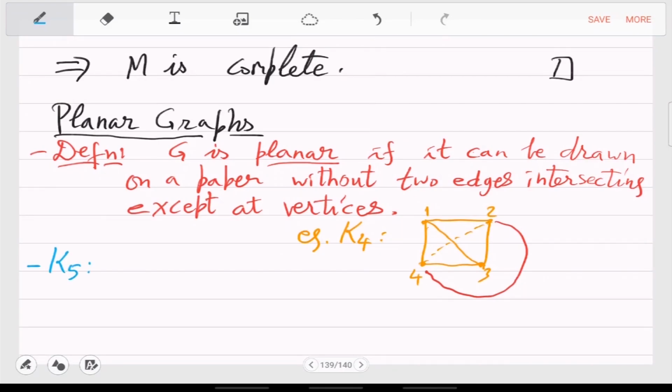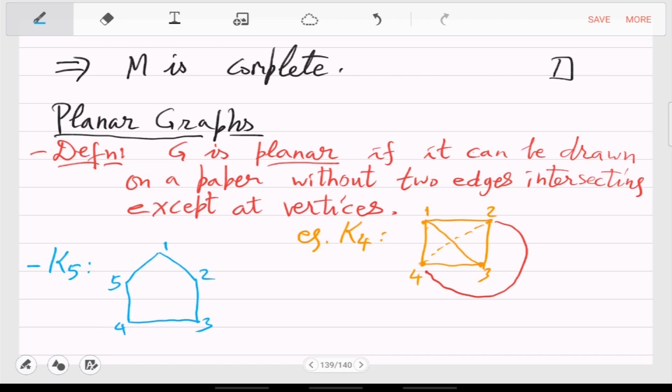So what does K5 have? 1, 2, 3, 4, 5 vertices, and if I try to draw the other edges, there will be how many edges? 5 we have drawn, there are 5 more, right?